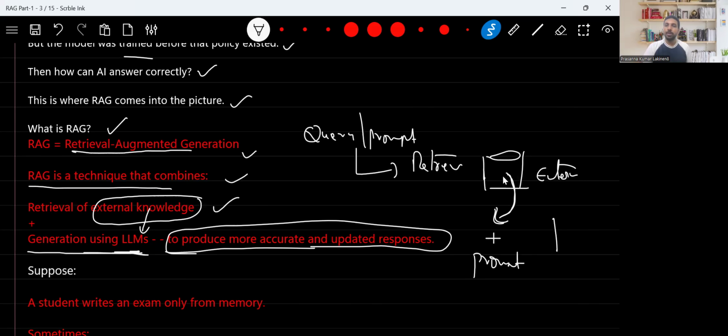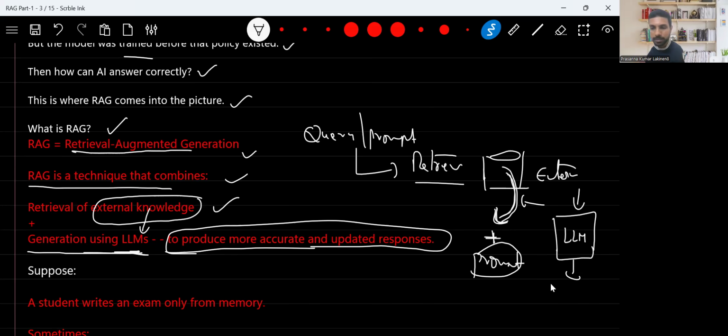This is what is called augmented. Your external information is combined with your prompt, and together you send it to your LLM model. Now the LLM, with its experience and the updated knowledge given by the retriever, gives the updated and correct response to the user prompt.